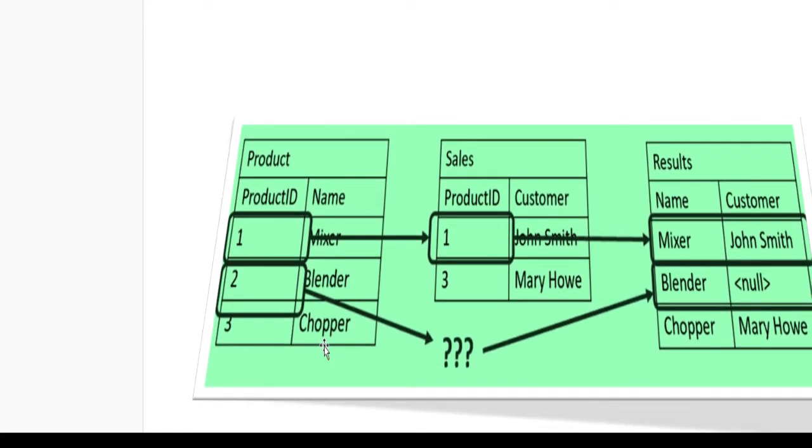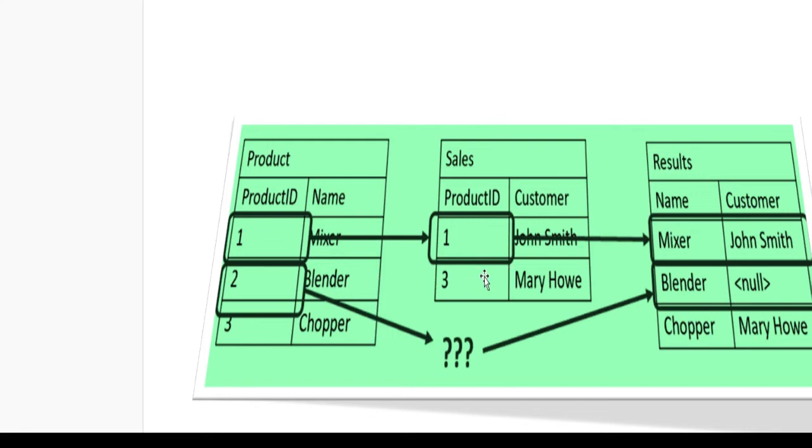Now there is a sales table where products are sold to customers. Product ID 1 is sold to a customer and product ID 3 is also sold to one customer. But here you can see there are no sales for the blender product.